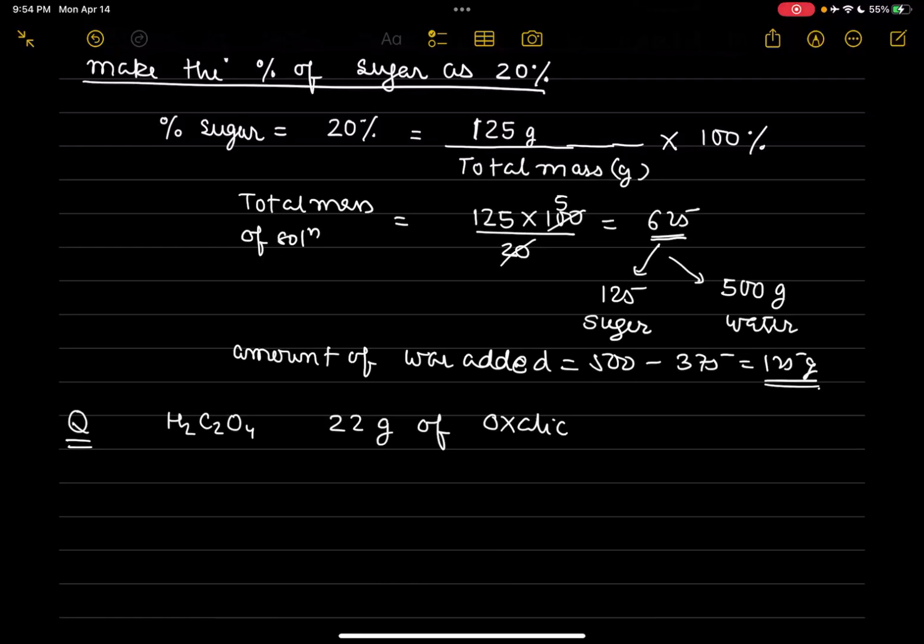Leave the molar mass. We are not talking about the mole. I'm just talking about the mass percentage as of now. Later we will require it. No need to put the formula also. 22 gram of oxalic acid is present in 500 ml of solution.